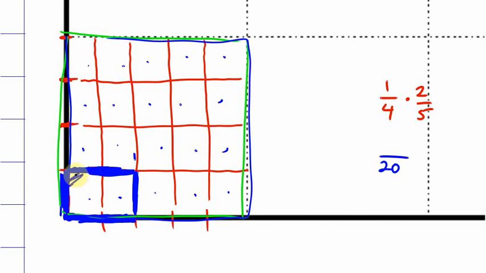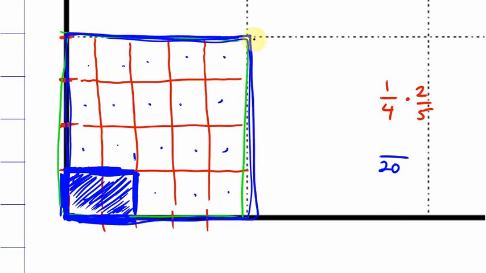And of those 20 slices, I shade in this rectangle back from that area model of multiplication. Again, it's 1/4 in one direction, 2/5 in the other. So the area of this rectangle is clearly less than 1, which is way out here, the big square.